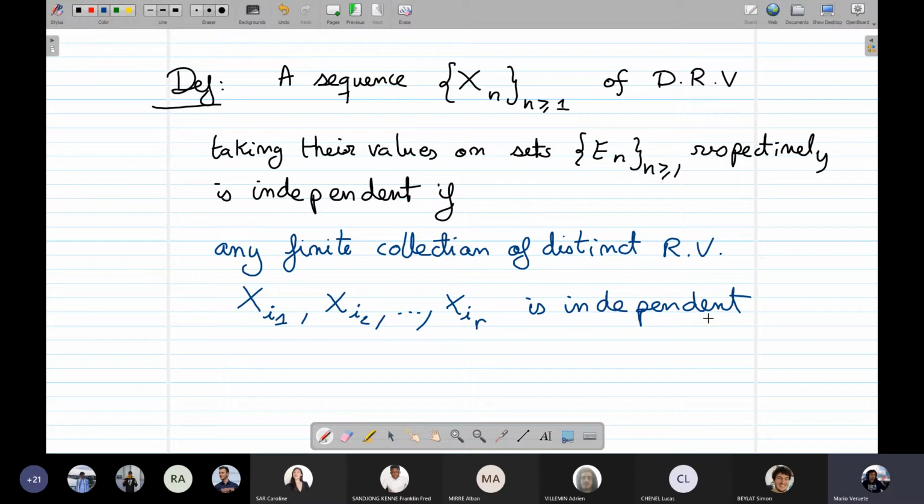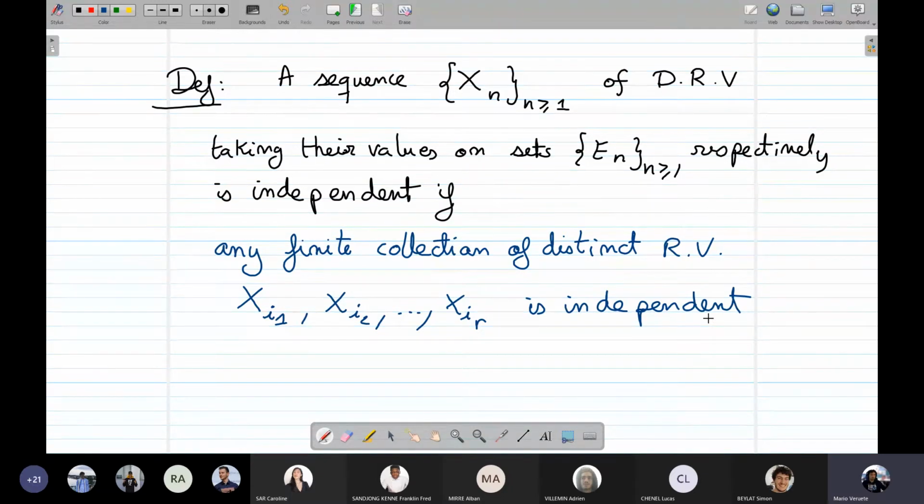So you have an infinite number of random variables. If for any finite collection of distinct random variables they are independent, then you will say that this sequence is independent.